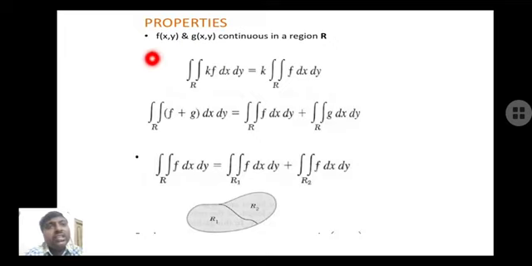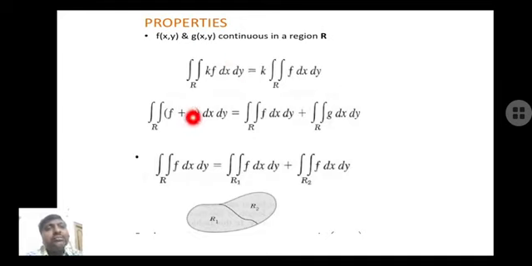I can take two functions f of x comma y and g of x comma y continuous in a region R. R is your domain. So the double integration over the region R of k times f dx dy, where k is a constant, can be written as k into the double integration over R of f dx dy. This is the first property of double integration.